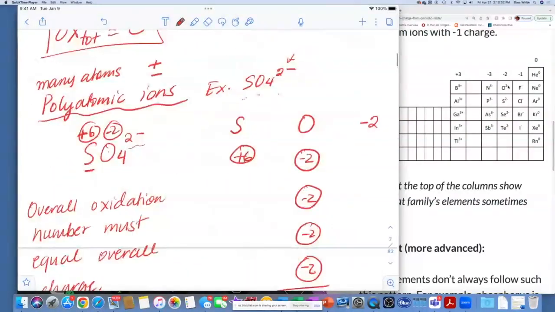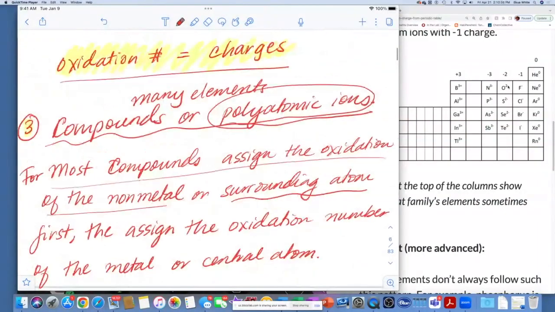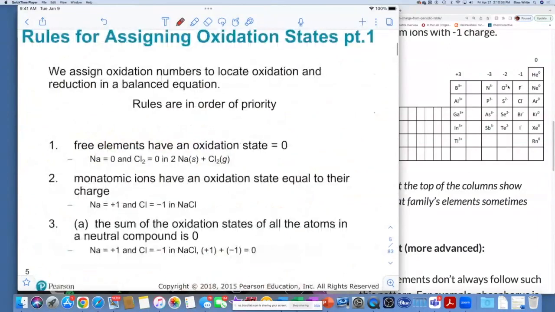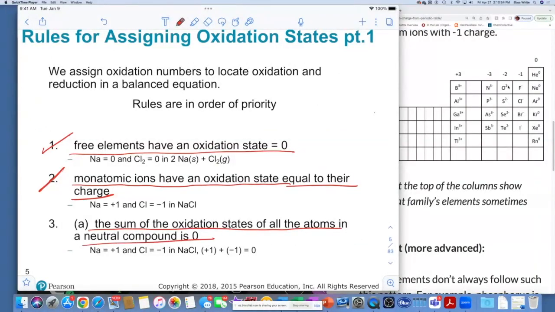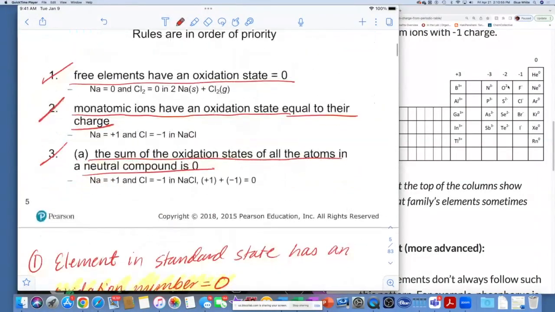Let's make sure I've read over everything they have said here. I know I wrote a lot. We went over this one: free elements have an oxidation number of 0. Monatomic ions have an oxidation state, or number, it's the same thing, equal to their charges. The total sum of oxidation states of all atoms in a neutral compound is 0. This is 3A, where you assign the element on the right first before the element on the left.